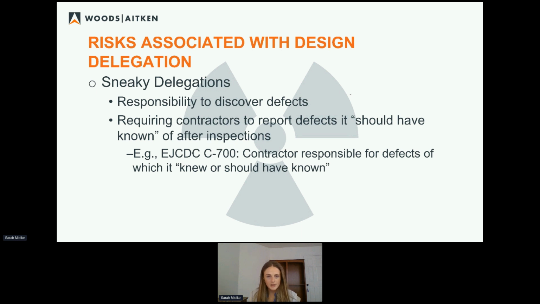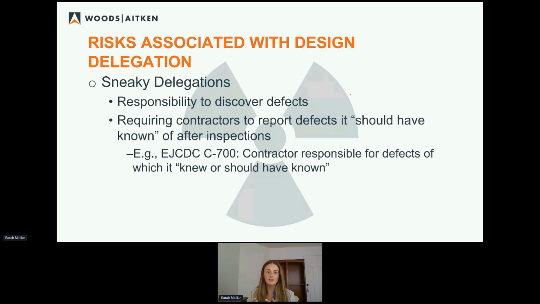So this provision, again, back to what are those engineers trying to do? This is from the Engineers Joint Contract Documents Committee. And again, it just requires contractors to report defects it should have known of after inspections. And when you think back to the Colorado statute, what did it say, right? That inspections can be a part of a professional service.